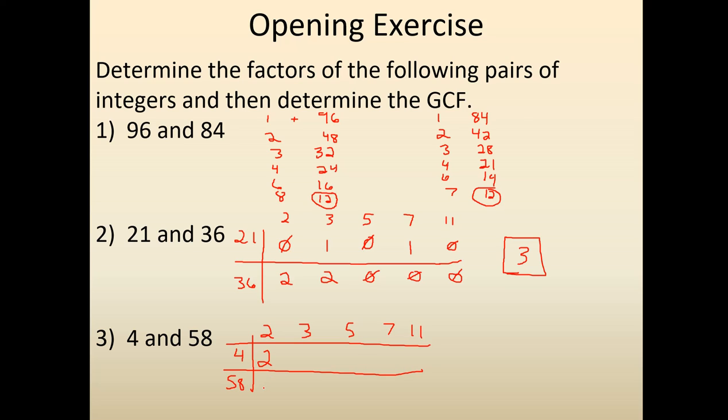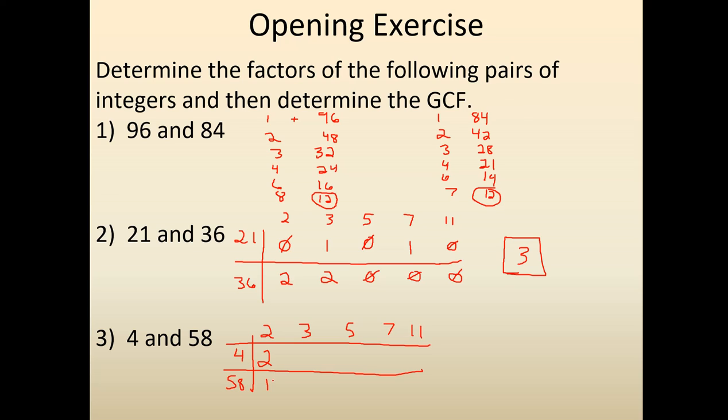58, on the other hand, 2 can only divide into 58 once, and then we don't get any other whole numbers. 58 divided by 3 is nothing. 58 divided by 5 is nothing.